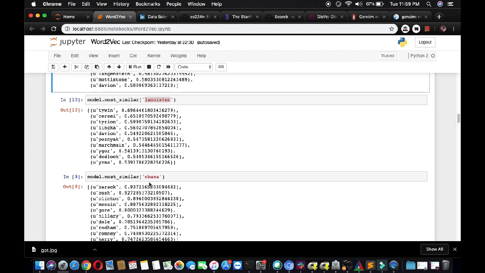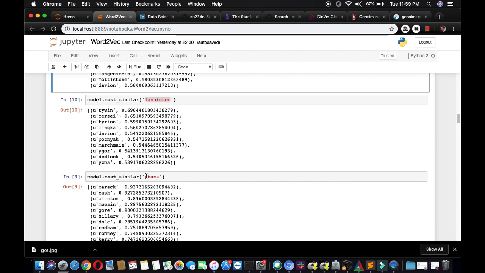What this value signifies is how similar the contexts were when these words occurred. When Lannisters occurs in the same context many times, Tywin occurred, Cersei occurred. So this is the score of that.